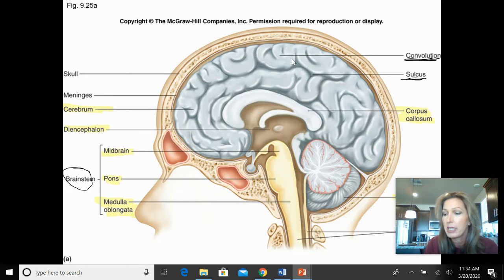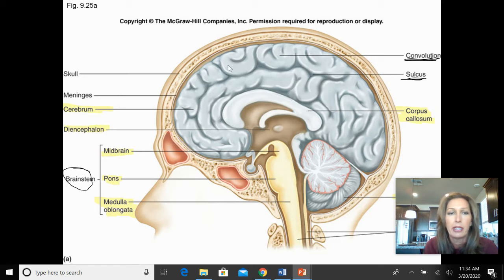About 75% of your neurons exist in that gray matter. From that gray matter, they have axons that extend down into the white matter of the cerebrum too. But I need you to understand what that cerebral cortex is: it's the gray matter on the outside of the cerebrum.